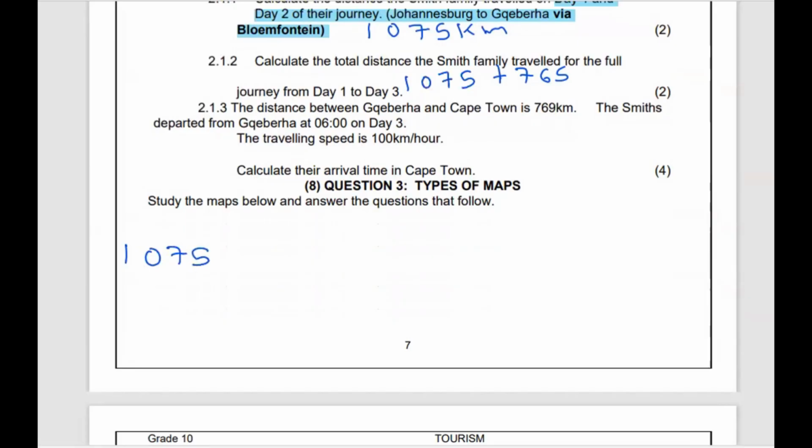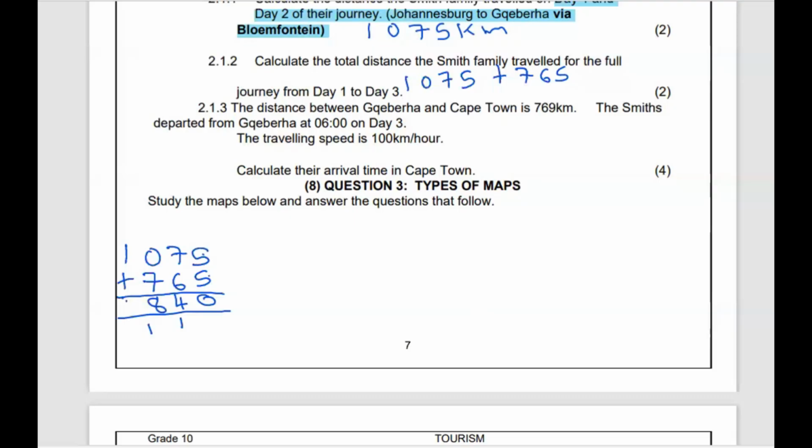Let's do it using addition. 5 plus 9 is 14. Actually, 5 plus 5 is 10, so we write 0 and carry our 1. 7 plus 6 is 13, plus 1 becomes 14, we write our 4, carry 1. 0 plus 7 is 7, plus 1 becomes 8.